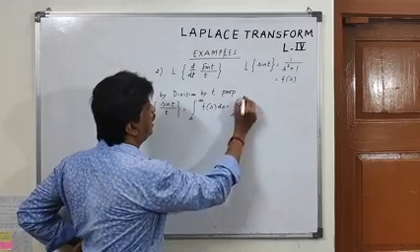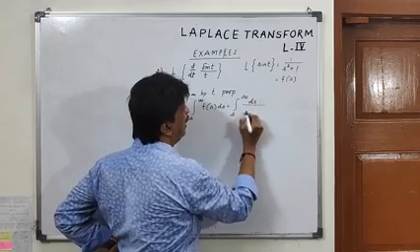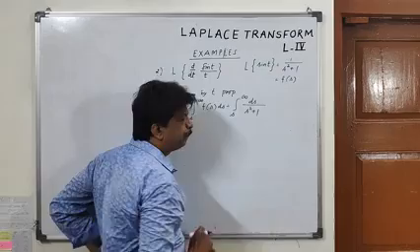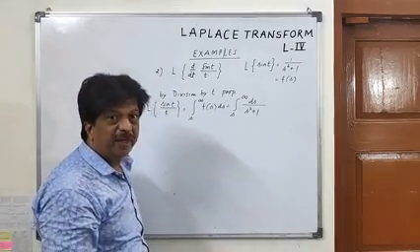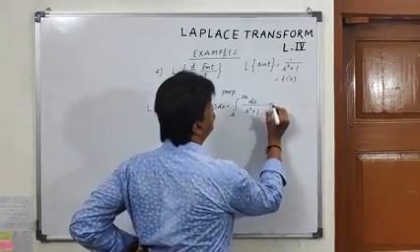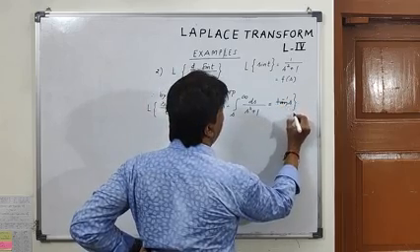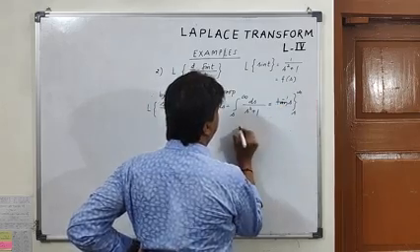So it is the integral s to infinity of 1 upon s square plus 1. The integral of ds upon s square plus 1 is tan inverse of s. Limits are from s to infinity.